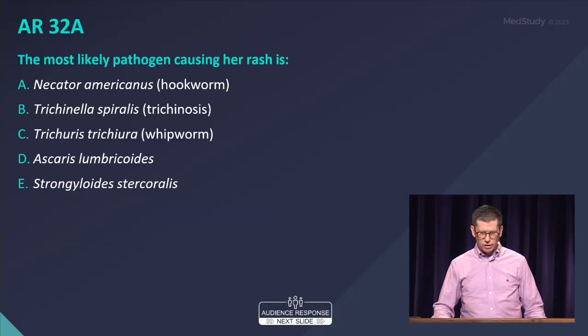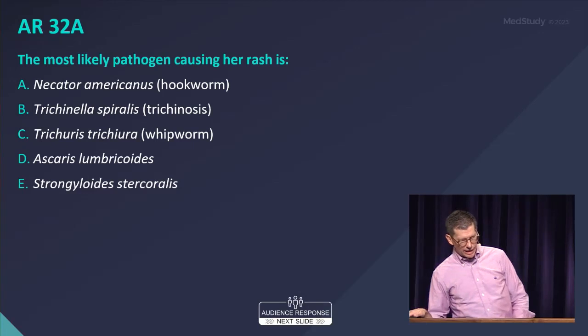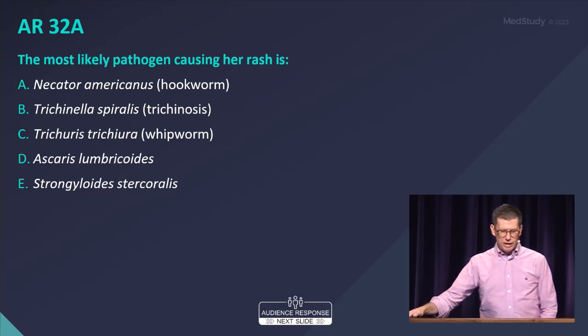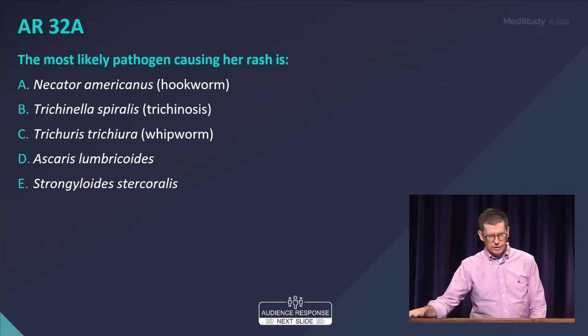The most likely pathogen causing her rash is A, Necator americanus or hookworm, B, Trichinella spiralis or trichinosis, C, Trichuris trichiura or whipworm, D, Ascaris, or E, Strongyloides.